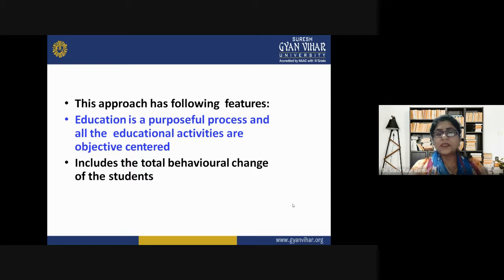Bloom's taxonomy focuses more and more on behavioral changes, so that after teaching, the teacher is not empty-handed and the student is not empty-handed, because the teacher is fulfilling his or her teaching and the students have learned something and gained something in their experiences.